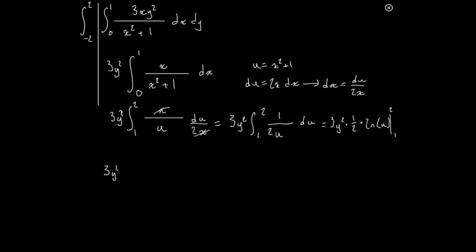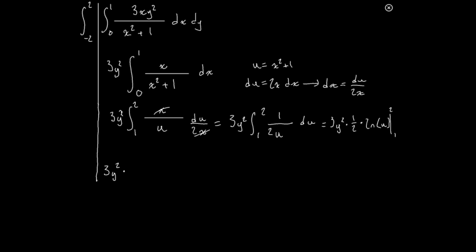So 3y squared, because in this case we're still working on dx, right? All of everything here is still just this part. So we're still working on dx, so we're not going to plug anything in for y yet.